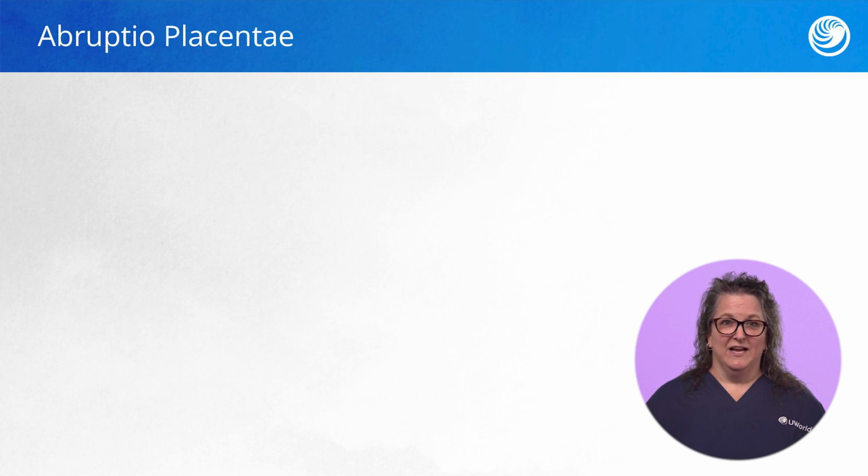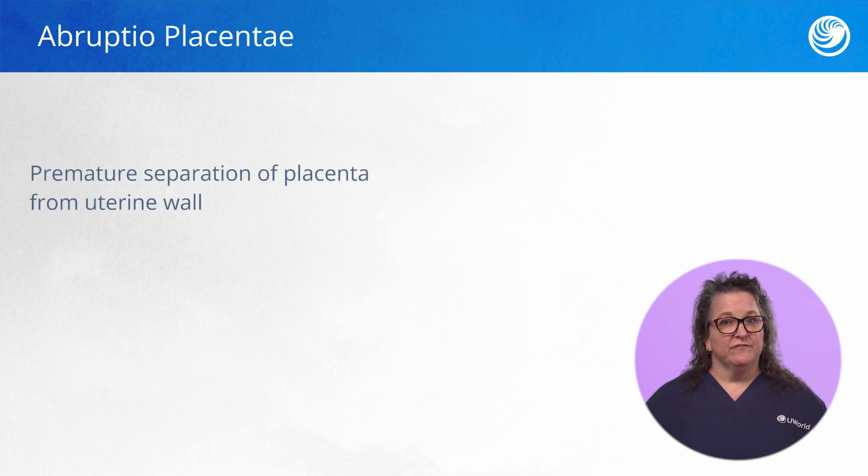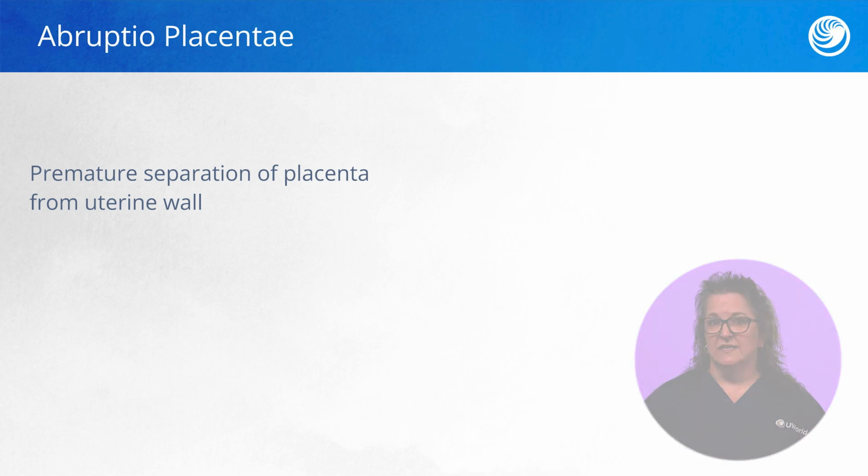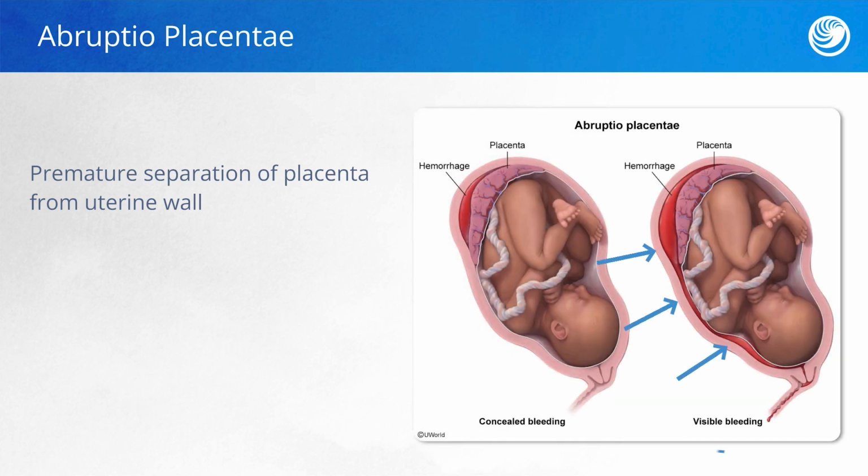Abruptio placentae, premature separation of the placenta from the uterine wall prior to birth. This will stop the fetus's supply of blood carrying oxygen and nutrients. You can see in the image where bleeding occurs between the lining of the uterus and the placenta. That collection of blood starts to push the placenta more and more off of the uterine wall.